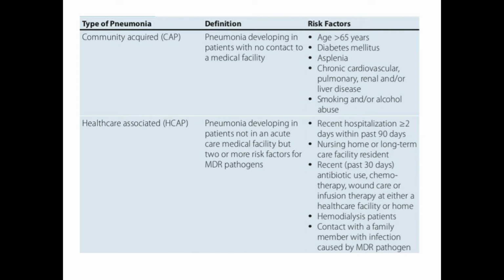Other risk factors are nursing home or long-term care facility residence, recent antibiotic use within the past 30 days, chemotherapy, wound care or infusion therapy at either a healthcare facility or home, hemodialysis, and contact with a family member with an infection caused by an MDR pathogen, that is a multi-drug resistant pathogen. Those in contact are more vulnerable to develop MDR pathogen associated pneumonia.